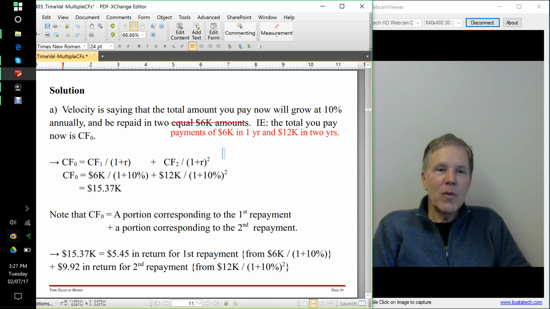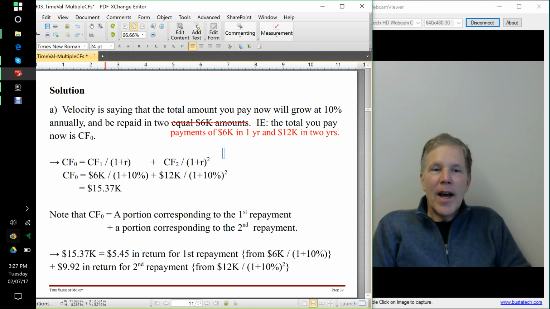The total amount we'd have to cough up now is equal to the present value of CF1 plus the present value of CF2, or 6,000 divided by 1.1, that's just raised to the 1 year out, plus 12,000 divided by 1.1 squared. And I'll leave it to you to confirm that that is equal to 15.4 thousand.